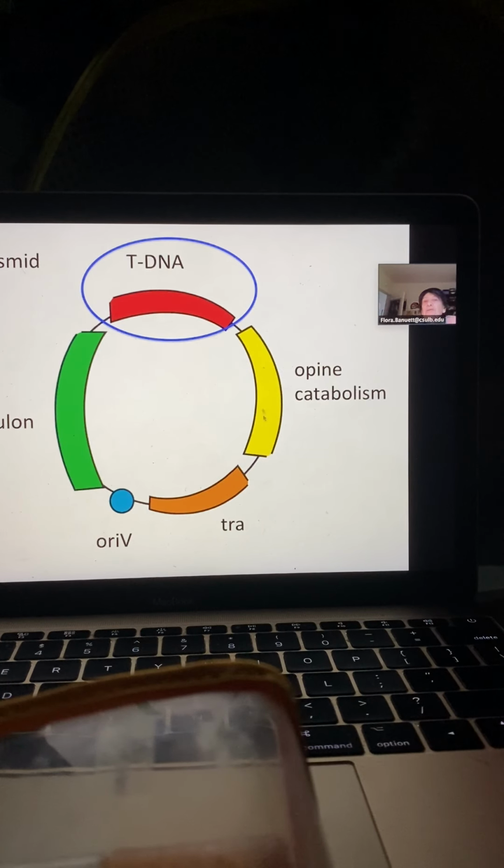Here you have the region that breaks them down. Okay, those are two different regions and are going to reside in different places.